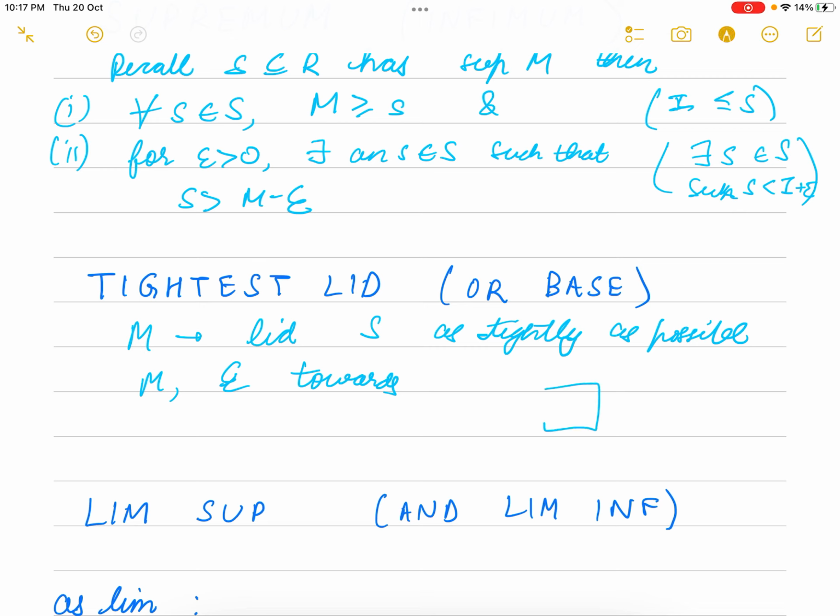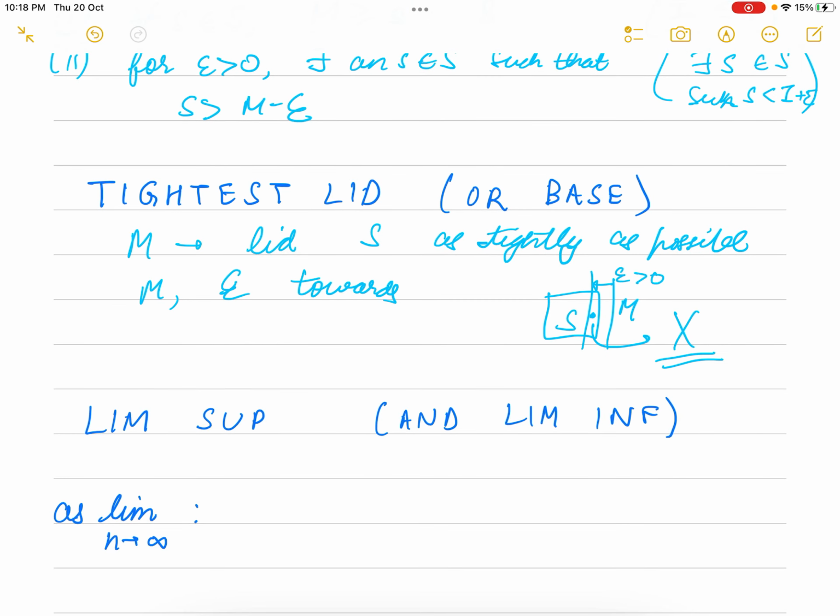Such as if S is our set and this is our lid, then if we move the lid by an arbitrary distance epsilon greater than 0, there would exist some element which would not lie in S after moving that lid. Similarly, the infimum can be thought of as a base which would contain the set from above. That is, if we move the base by a distance epsilon upwards, then there would exist some element which would not lie in our new set.